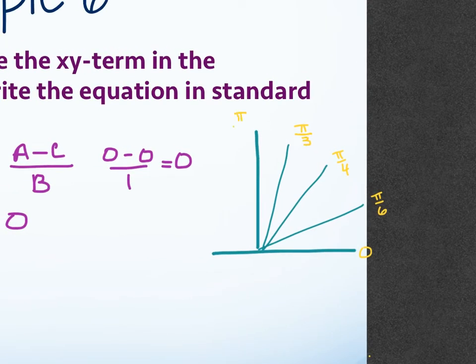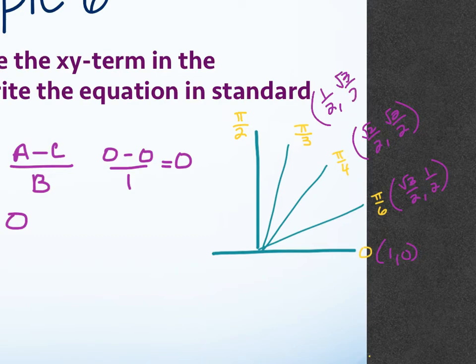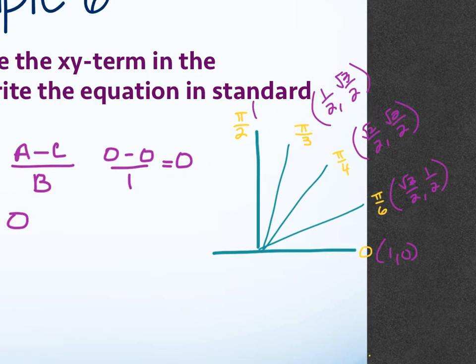And pi over 2. Coordinate points are 1, 0. Root 3 over 2 and 1/2. Root 2 over 2 and root 2 over 2. 1/2 and root 3 over 2. 0, 1.